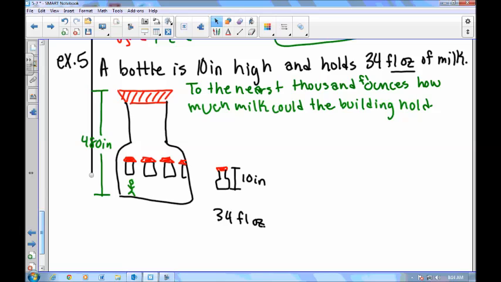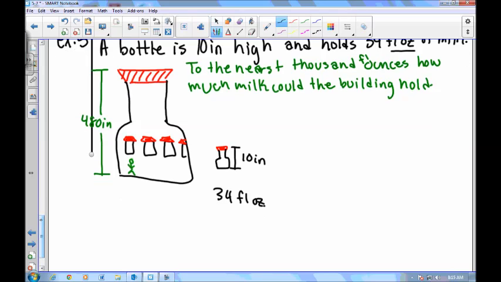No. Does it expand out three-dimensionally when you fill a cup? Yeah. So what have we been talking about that's three-dimensional? Perimeter, area, or volume? Volume. So the volume that can fit in there is 34 fluid ounces.